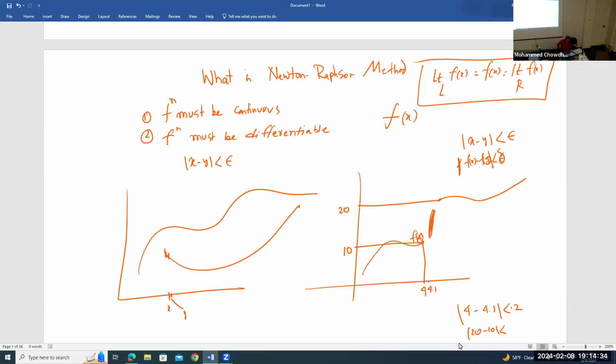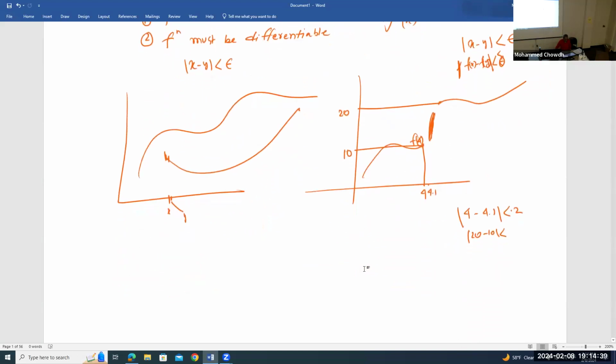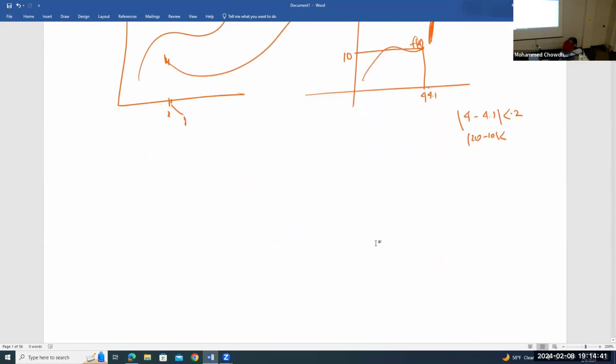Okay? So then, if a function is continuous and differentiable, then for any function, suppose I have written x cubed minus 7x plus 100 equal to 0, what is the value of x that satisfies this equation?